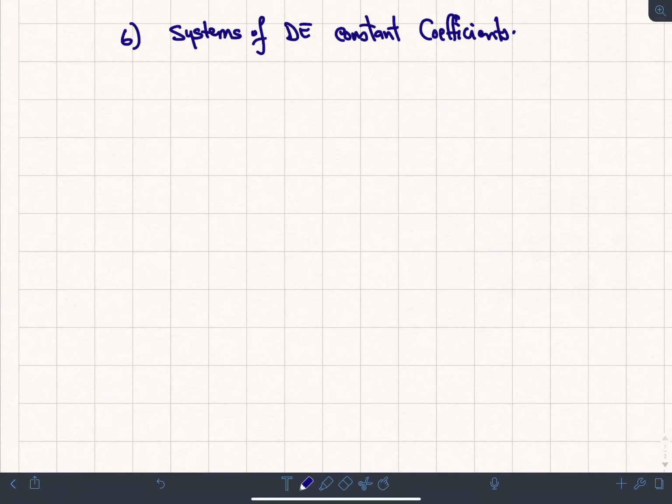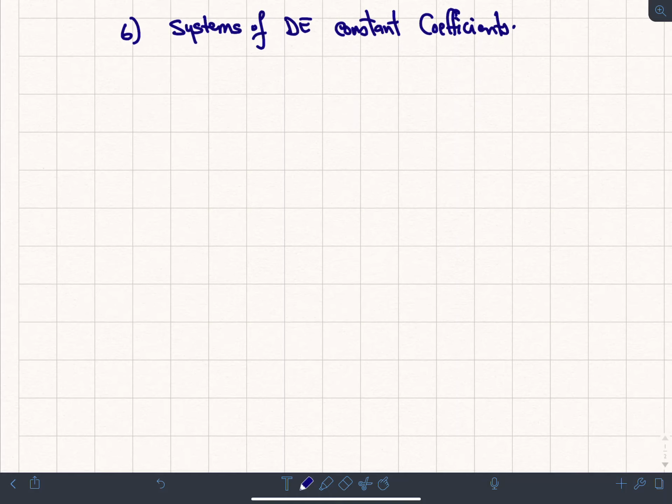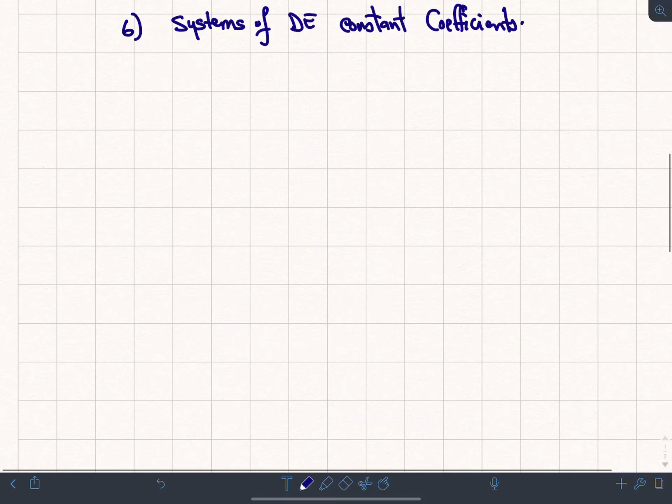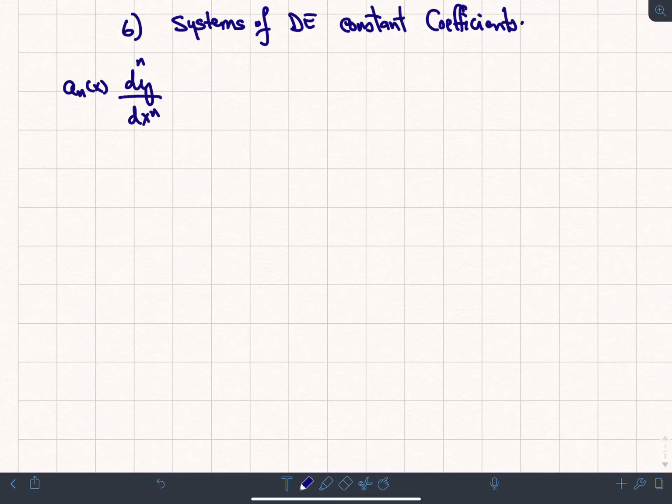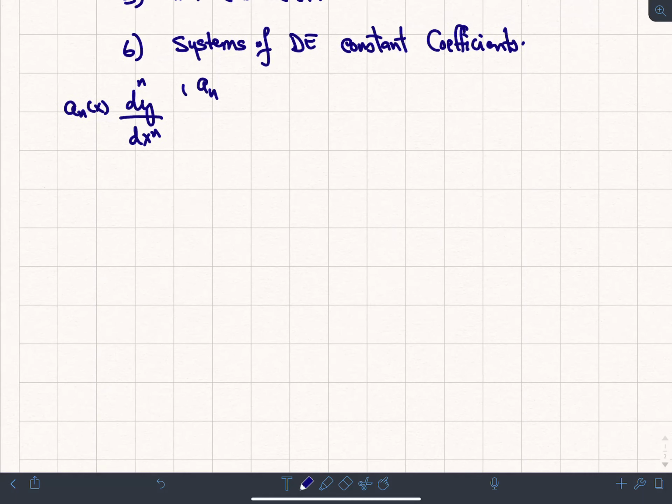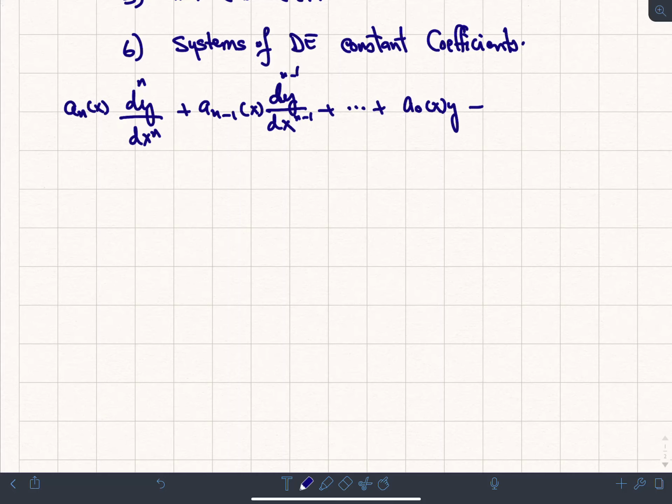So let's talk about our review of what we've done last week. We started with talking about the general nth order differential equations. I showed you how that looks with just general variable coefficients: a_n of x times the nth derivative of y with respect to x, plus a_(n-1) of x times the derivative of order n minus 1, and so on, all the way to a_0 of x times y, equals g of x.